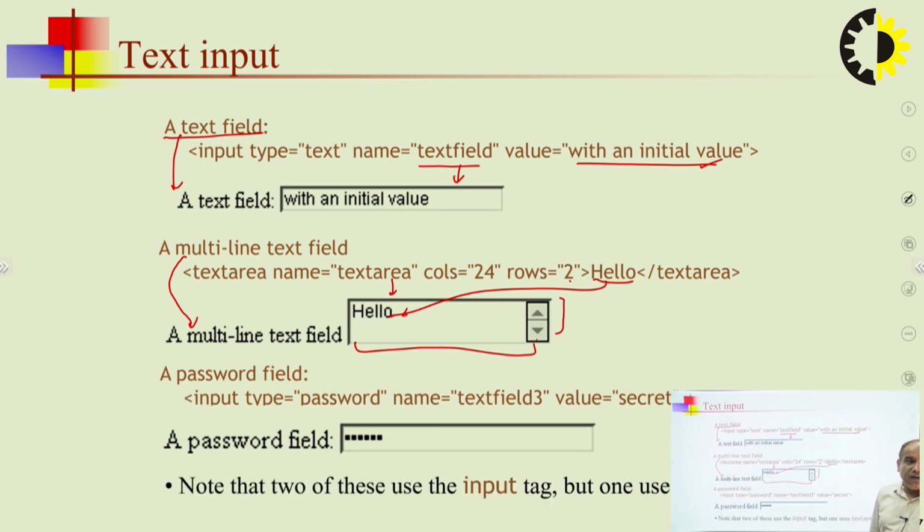Please note, the password field as well as text use the input tag, but only here we use textarea to represent a text box with rows and columns. See the difference? Next, one more important thing: we can limit values in a text field also. Here we can represent maxlength.